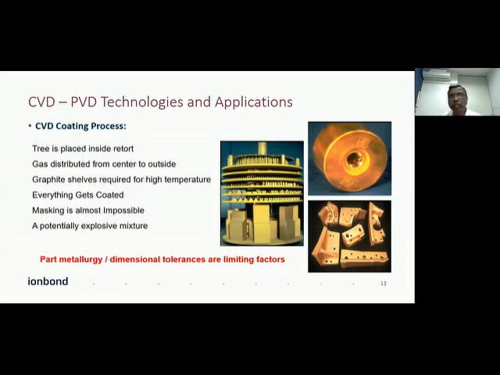Due to the corrosive nature of the byproduct, we have to neutralize it and then dispose of it. So overall, with the high temperature and the gaseous hazardous process, there are certain limitations. So this is being used for limited activity, and nowadays particularly for captive purposes.